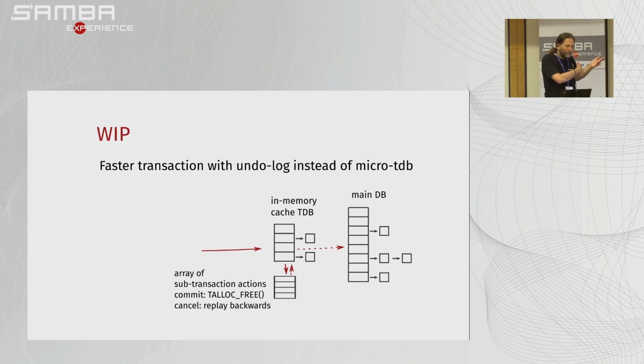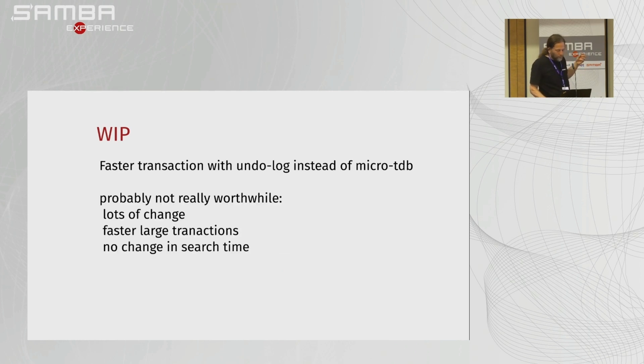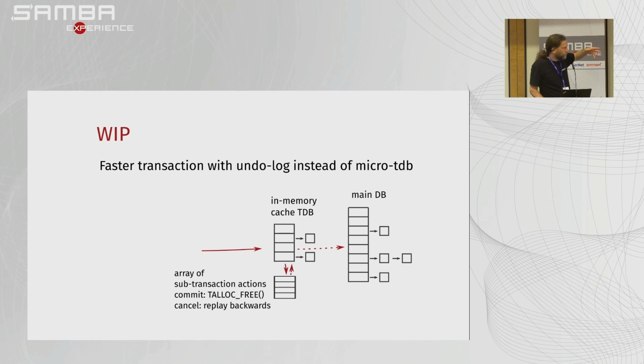Because cancel is the rarest thing, you see, so it doesn't need to be fast. I assume it's the rarest thing. Whereas the commit is you just chuck it out, and then you get onto your next sub-transaction.